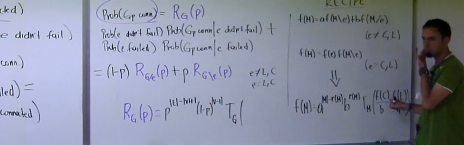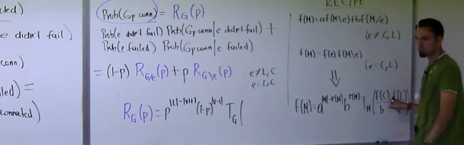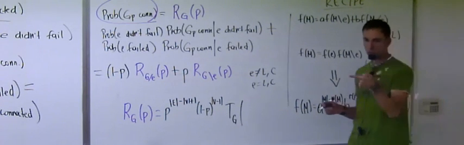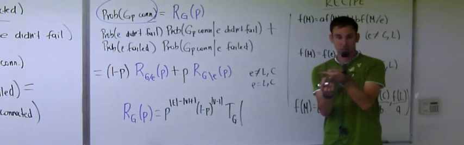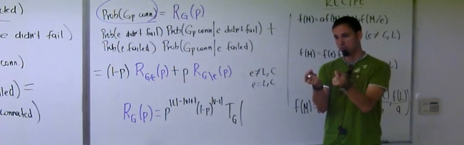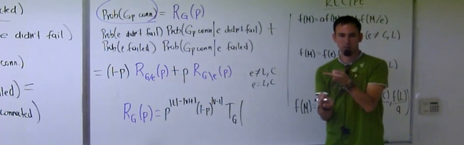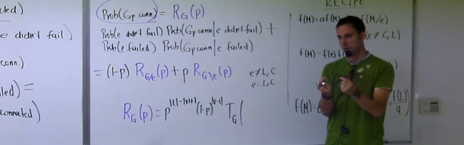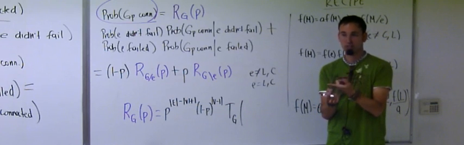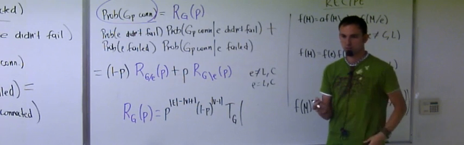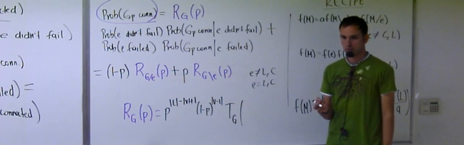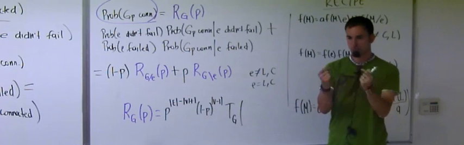What's f of the co-loop? So you have a co-loop, which means you have an edge connecting two vertices, and now you're going to delete it with probability p. So what is the probability that leaves the graph connected? With probability p, you disconnected them.